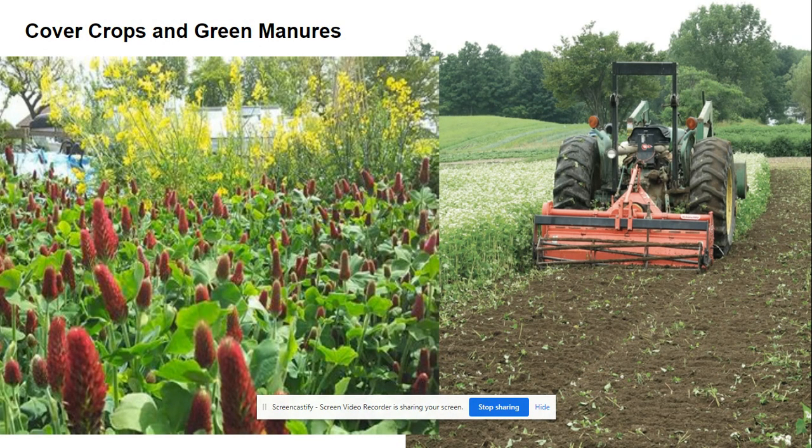Cover crops and green manures. So you guys do have some experience with this. You have turned in cover crops before. So what are cover crops? Cover crops are a plant, a crop that you grow specifically to feed the soil.